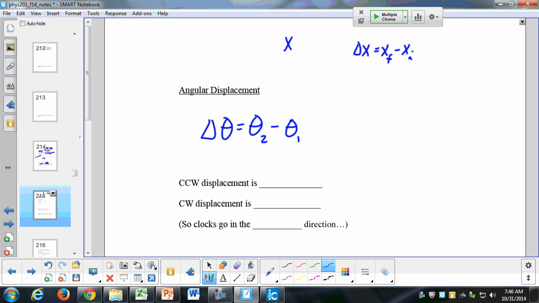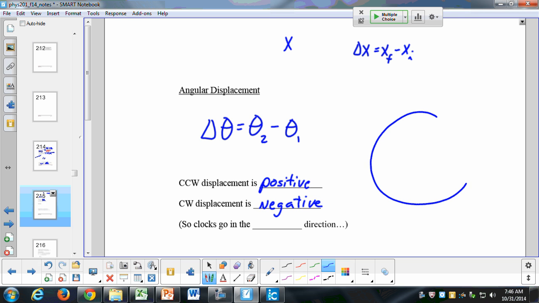The only difference here is that, remember with linear displacement, left was negative and right was positive. And so we're going to adopt a similar convention here, and that is that counterclockwise displacement is positive, and clockwise displacement is negative.